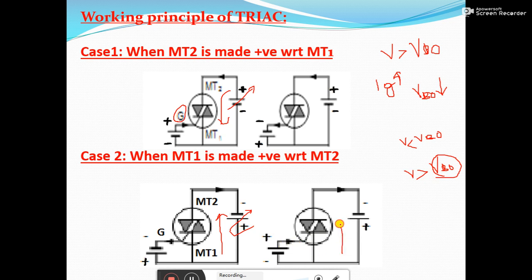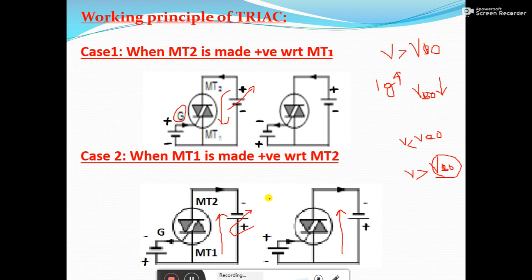Again the current will flow from MT1 to MT2 only. Whether the gate is made positive or negative with respect to MT1 doesn't make any difference in its operation. The operation remains same.